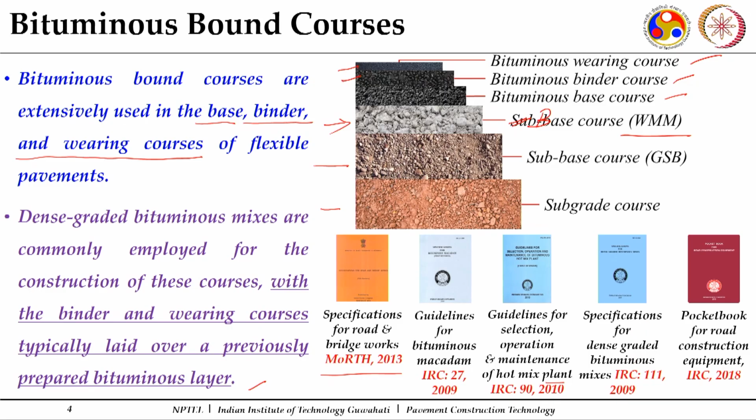Specifications for dense graded bituminous mixes, IRC 111 2009. These are some of the codal standards which have been mentioned here. As we mentioned, we will be referring to many more than this while discussing all these aspects. Then this is also one pocket book for road construction equipment, IRC 2018.